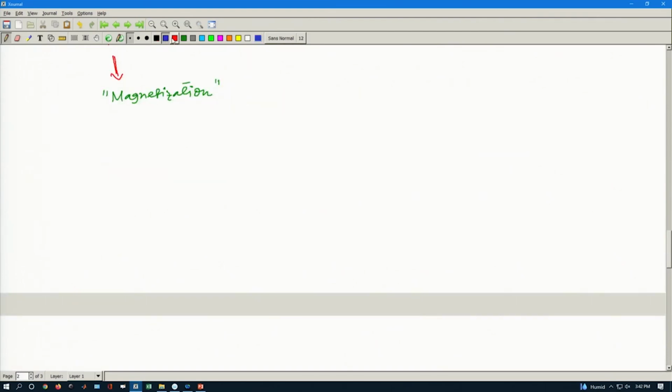Here we have an interesting concept called the bound current, like in the electric polarization case. That we are going to explore. So, bound currents.